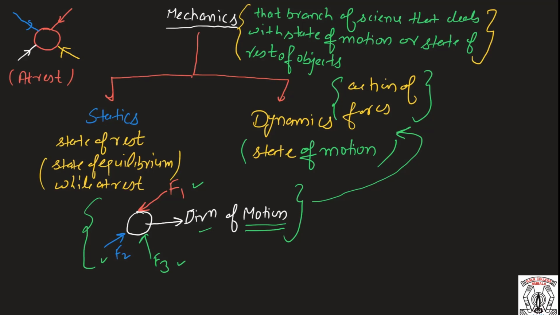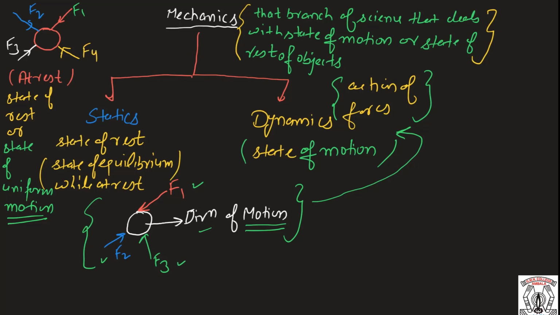So a body is said to be in equilibrium if it continues in the state of rest or in the state of uniform motion. Now let us say this force is F1, this force is F2, this force is F3, and this force is F4.